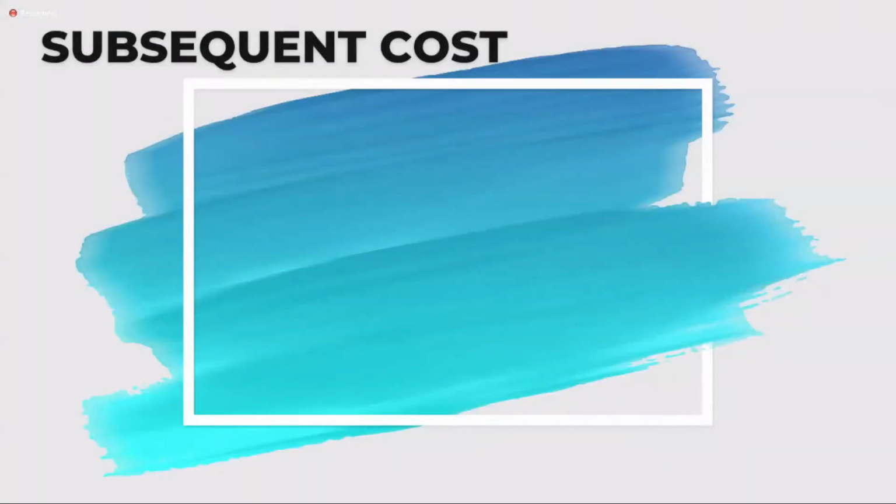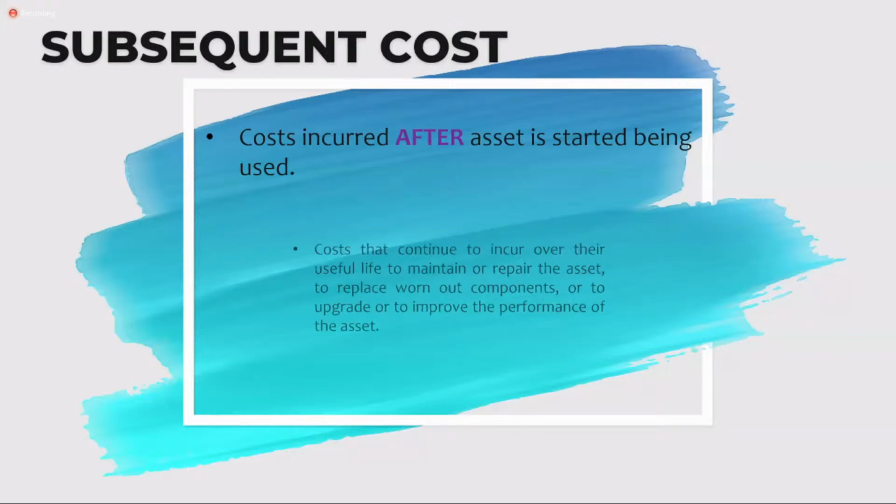And then we'll go into the subsequent cost. Okay, what is the subsequent cost? Cost incurred after the asset has started being used. You already used it for the first year. First year kita dah guna. Tahun pertama dah guna, sambungan tahun kedua. Apa lagi? Dah tahun kedua sudah guna setahun. Apa lagi kos-kos yang perlu kita masukkan dalam PPE tersebut?